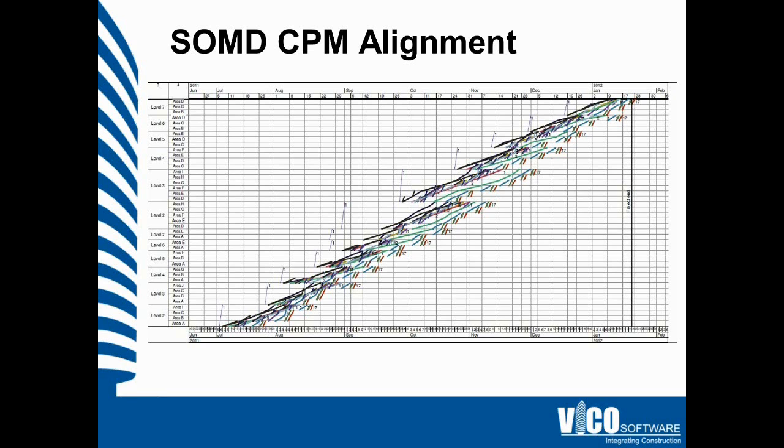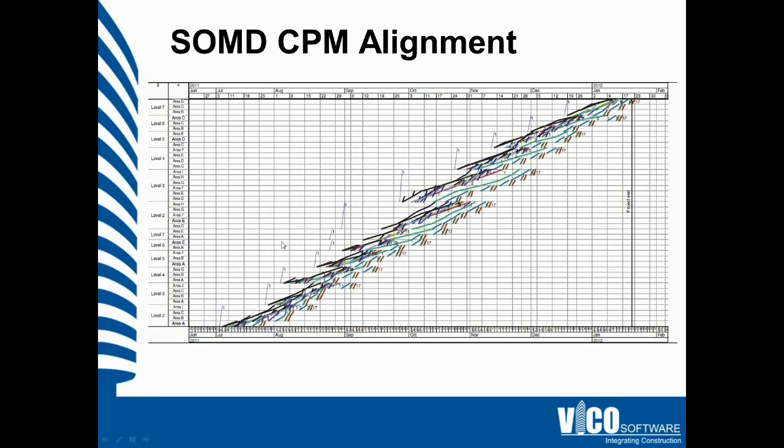Now, what you see in your view here is an example of the CPM schedule alignment. Almost every task was discontinuous, and there was a lot of stacking of those activities. Also, if you can kind of peer through the colored lines, you can see high resource variability indicated by the change in the number of crew sizes from location to location.